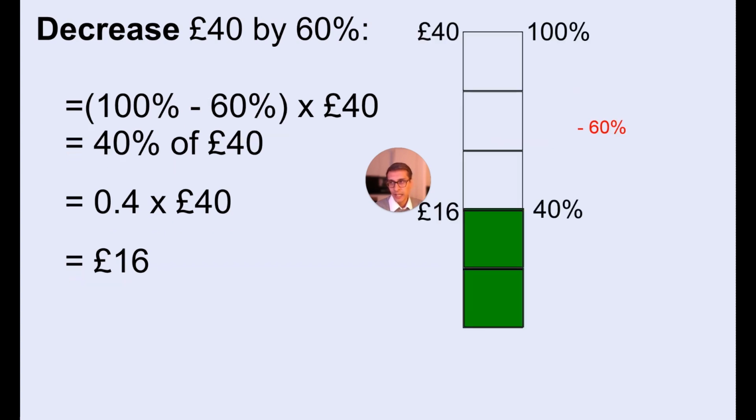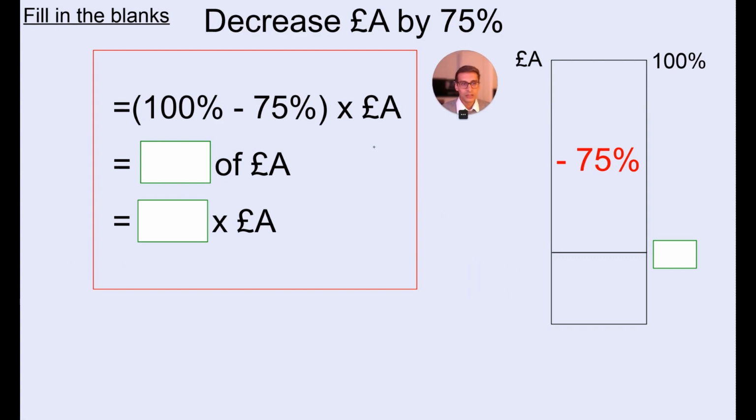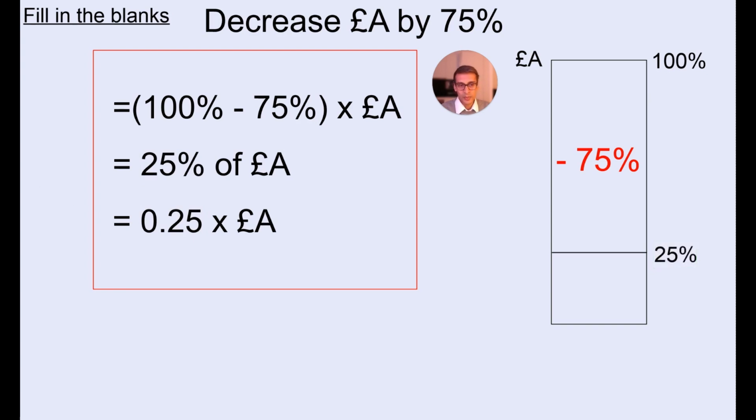Brilliant. Okay, how about here? Have a go at filling in the blanks, and I'll show you the answers in 3, 2, 1. So here 25%, so 0.25 times A, and we know if we're decreasing by 75%, we got 25% left.